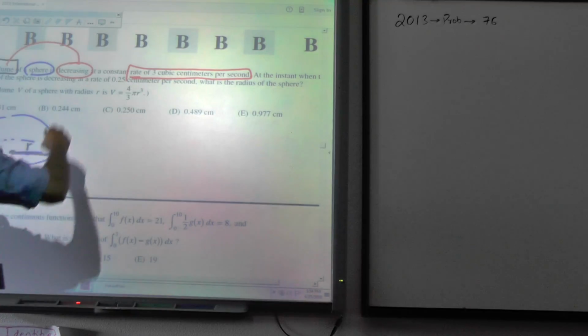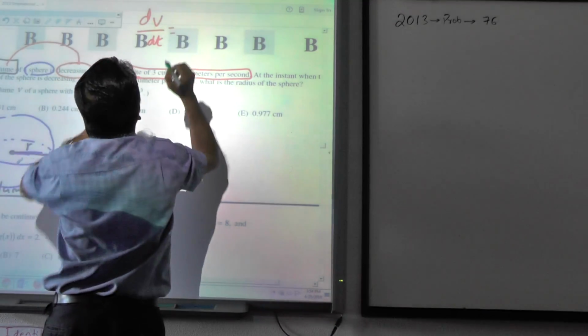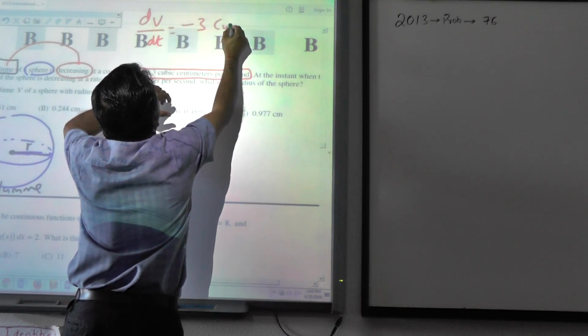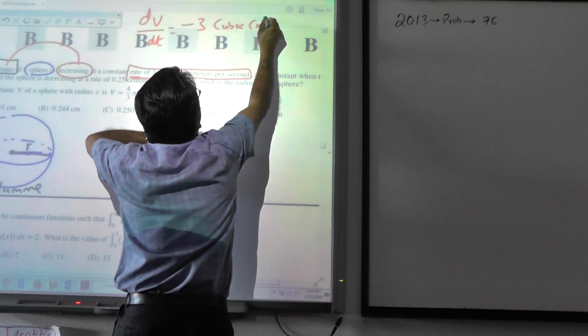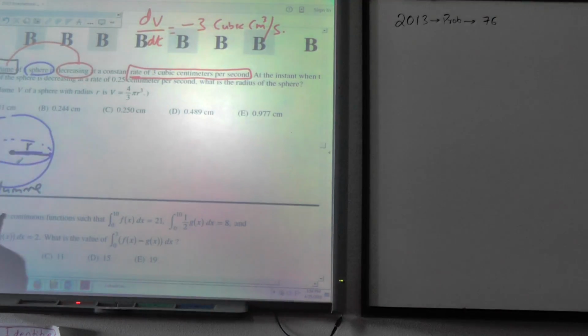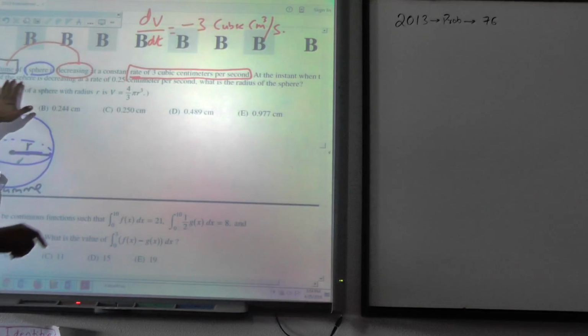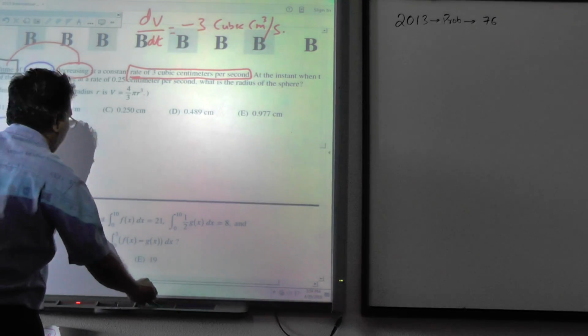So let's write this. dV by dt is the rate, and because it is decreasing, it is minus 3 cubic centimeters per second. Also, at the instant when the radius of the sphere is decreasing at the rate of 0.25, let me use a green color.